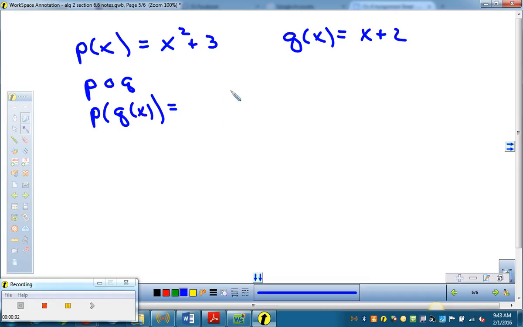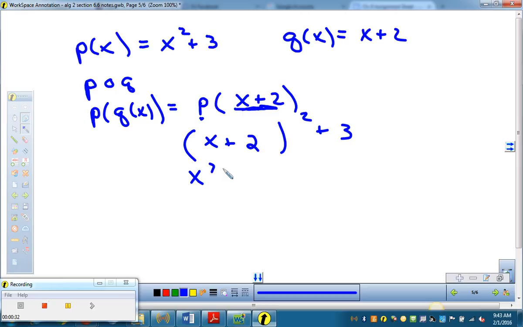Alright. So, we start on the inside, so we want p of, which is x plus 2. So now I want you to write the p function with a big blank where the x goes. So that's big blank squared plus 3, and what goes in the blank? Nope, it's what's inside here, x plus 2.